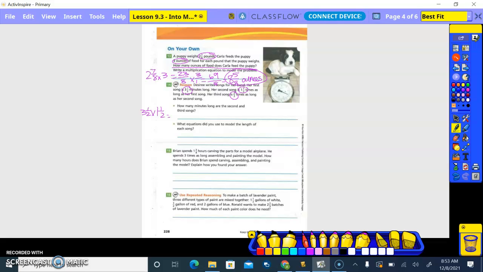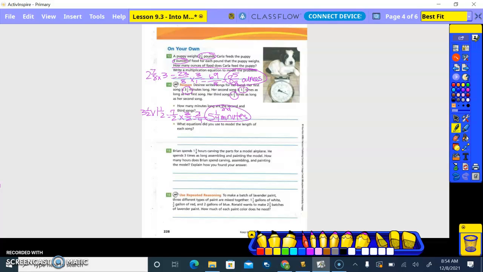So 2 times 3 is 6 plus 1 is 7. So 7/2 times 2 times 1 is 2 plus 1 is 3. So we get 21/4, which equals 5 1/4 minutes. Okay, and then this is for the second song, right?